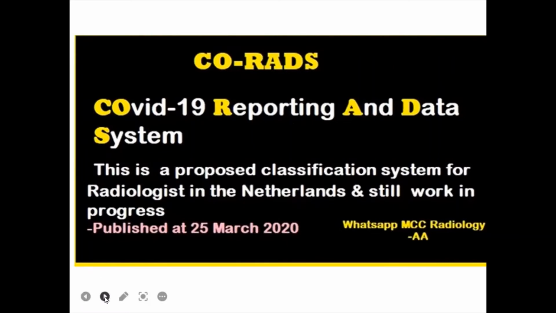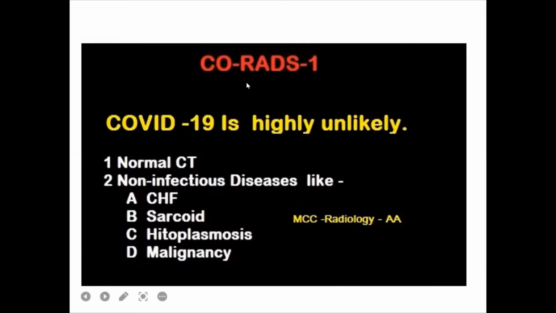So let us understand. CO-RADS 1 and CO-RADS 2 are usually non-COVID. Here I would like to demonstrate what CO-RADS 1 is. In CO-RADS 1, either you will find a normal CT with no abnormality, or you will find non-infectious diseases, like CHF, cardiogenic pulmonary edema, or malignancy, but there is no infective pathology.